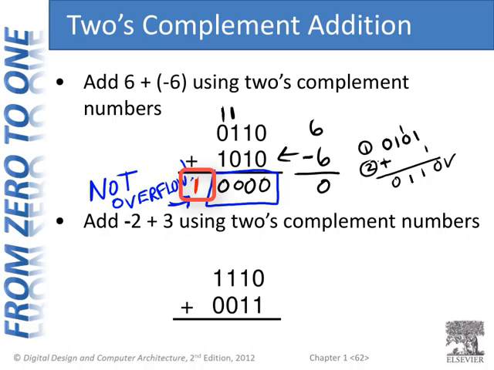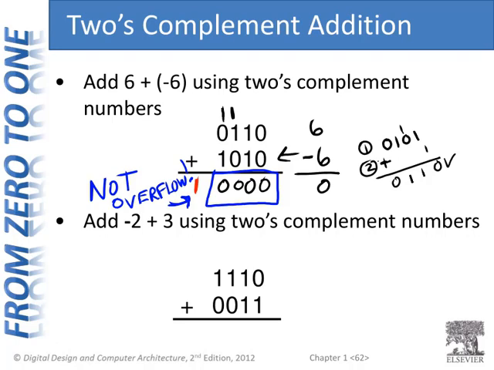Only in unsigned binary does that indicate overflow. That 1 carry out of the most significant column does not indicate overflow in 2's complement addition. It only indicates overflow in unsigned binary addition. So again, 4-bit addition, 4-bit result. 6 minus 6 in fact results in 0.